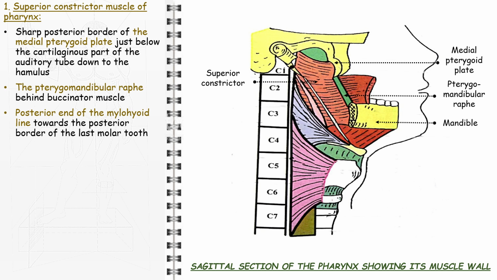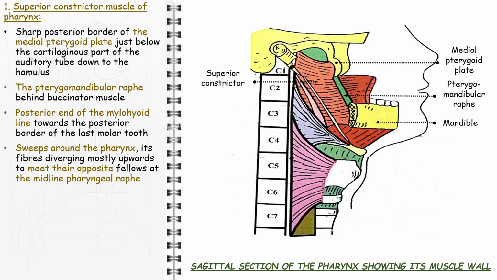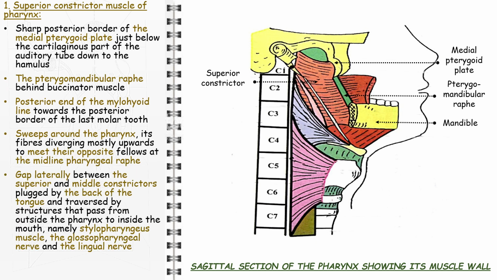It sweeps around the pharynx, its fibers diverging mostly upwards to meet their opposite fellows at the midline pharyngeal raphe. The gap laterally between the superior and middle constrictors is plugged by the back of the tongue and traversed by structures that pass from outside the pharynx to inside the mouth, namely, the stylopharyngeus muscle, the glossopharyngeal and the lingual nerves.